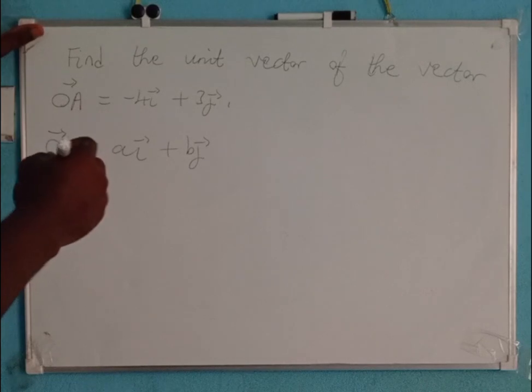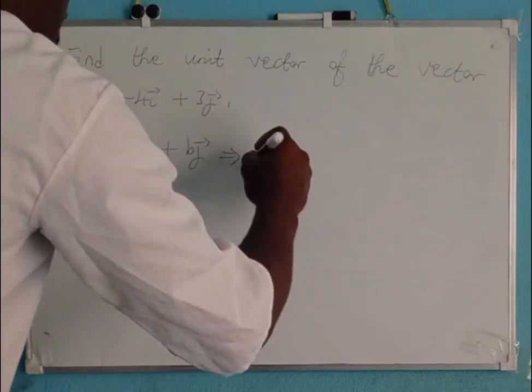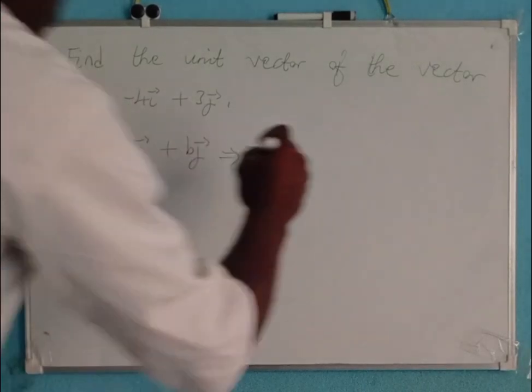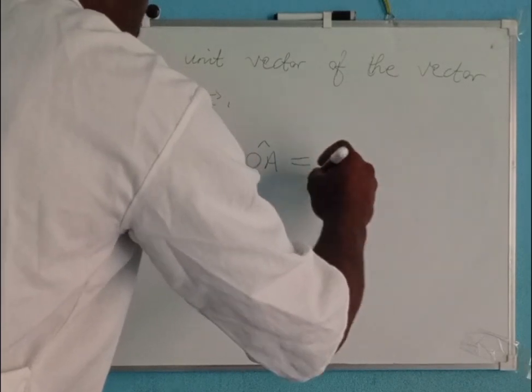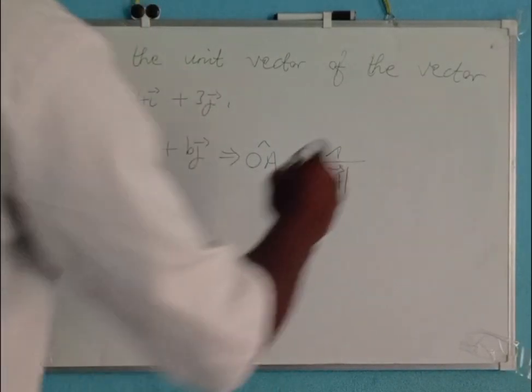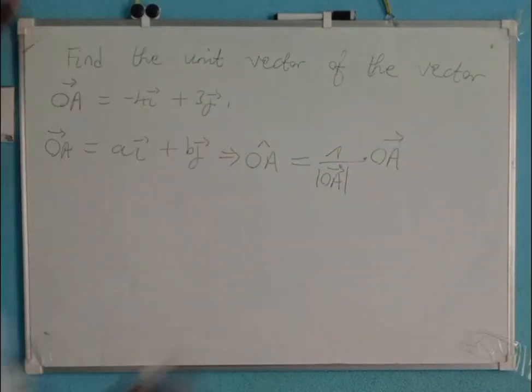The unit vector of OA, which is denoted by OA cap, is simply equal to 1 all over the magnitude of the vector OA times the vector OA. This is how we get the unit vector.